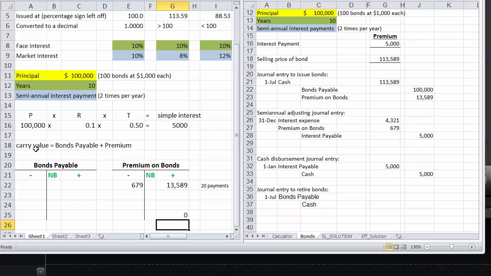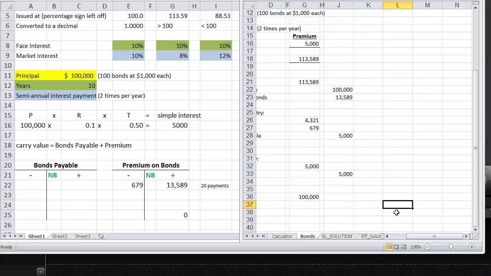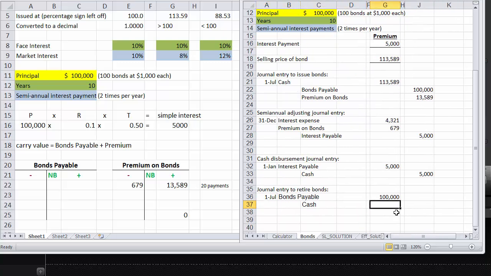So the carrying value will actually equal the principal at the date of retirement. So when we actually pay this money back 10 years later, we will simply debit bonds payable and then credit cash for the 100,000, and the premium on bonds will be zero.